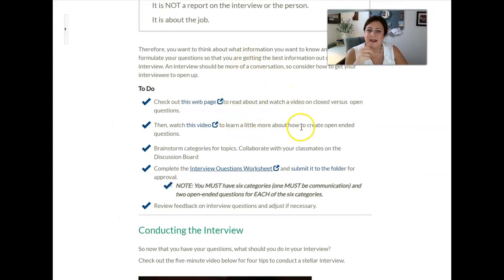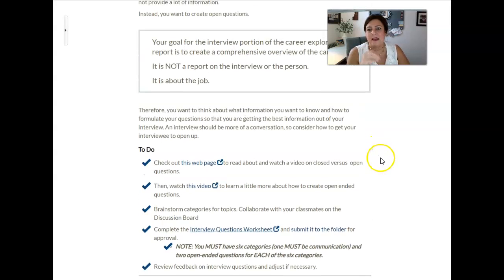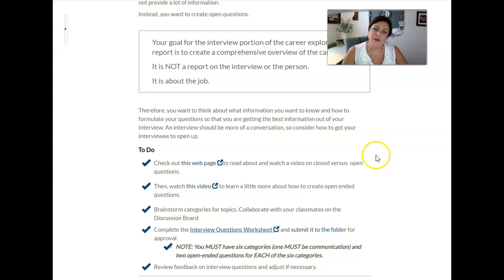There's a lot in there, guys, so manage your time wisely so that you are really thinking about what kinds of questions you want to ask your interviewee to really use them as a source to learn about the position, not the person, the position that you are going for in your career, okay?